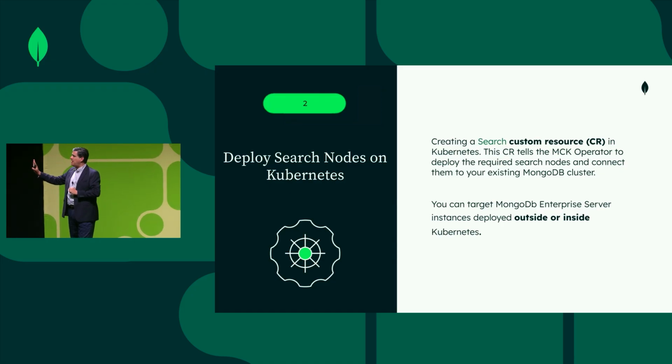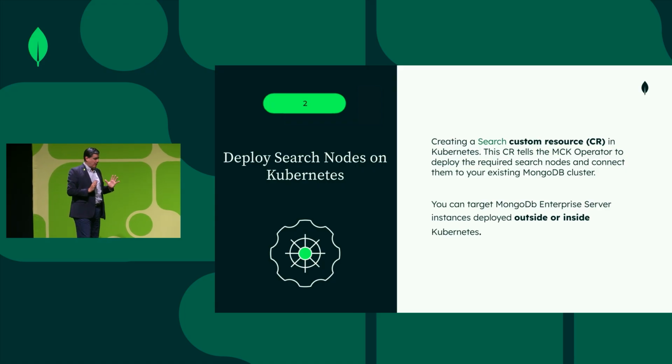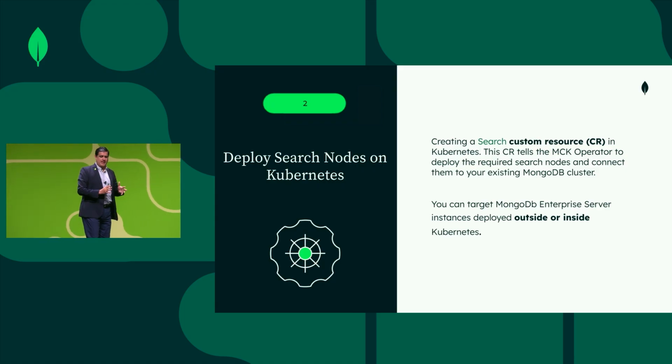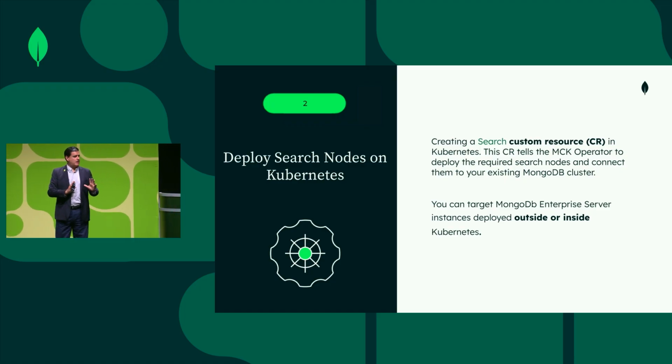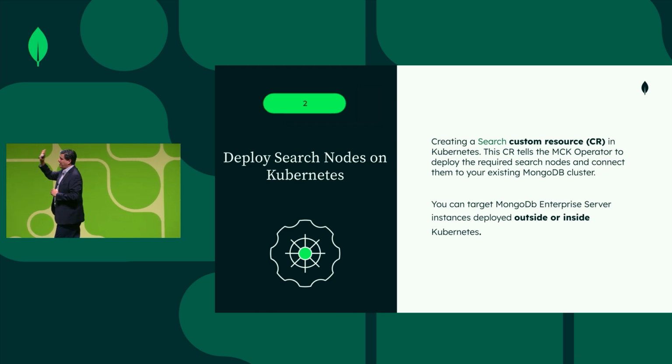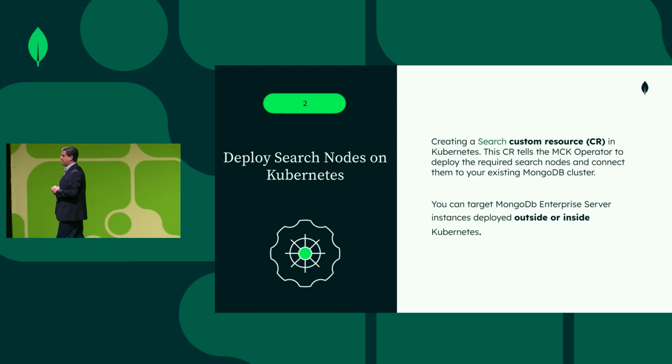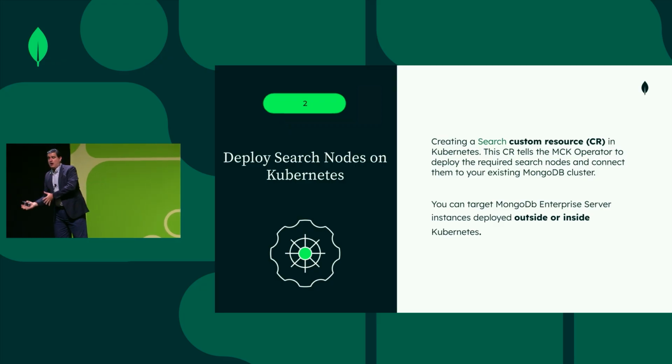But at first, you need to create the custom resources in Kubernetes to be able to connect the search nodes to your MongoDB cluster. Then you can target MongoDB Enterprise Server instances deployed outside or inside Kubernetes.